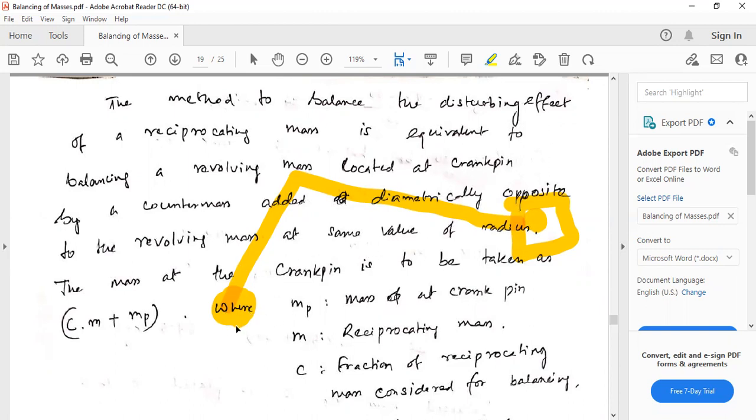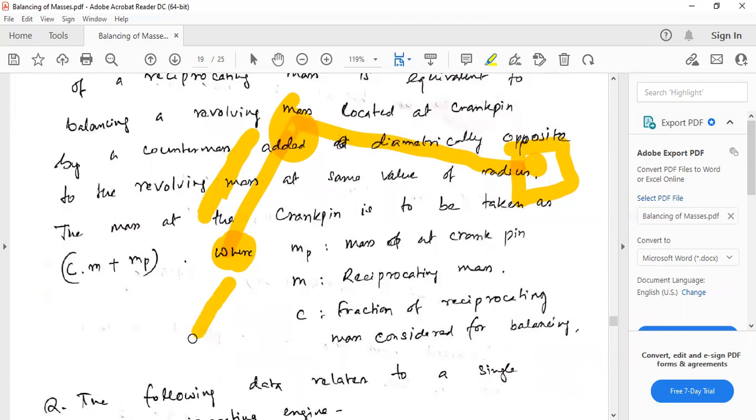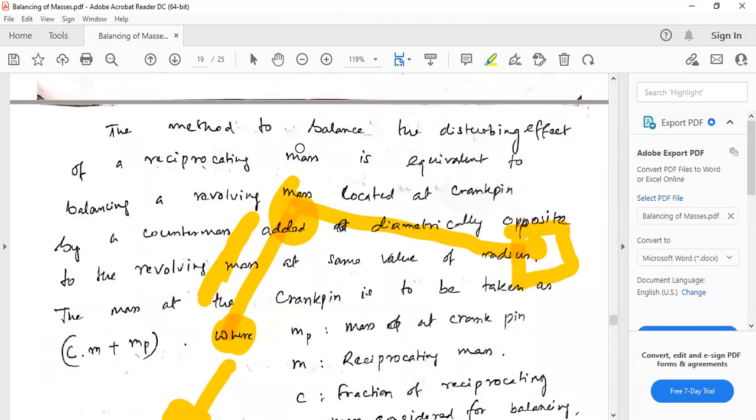Actually, a revolving mass about the crank pin, at a radius r, can be balanced by placing another mass at the same radius below. Same value of radius. That is how we can balance the reciprocating mass.